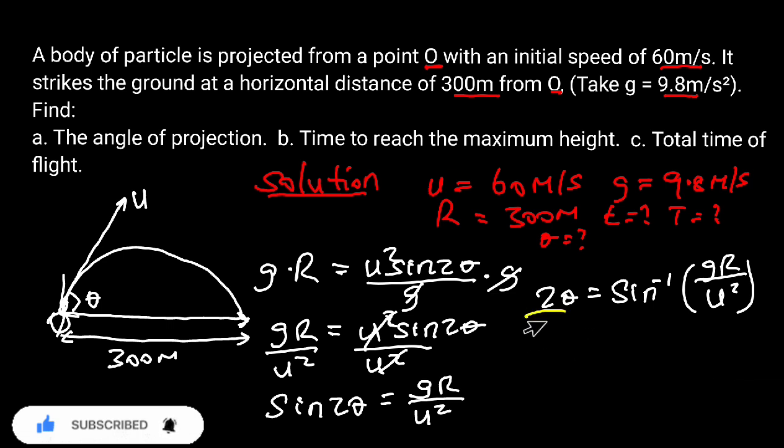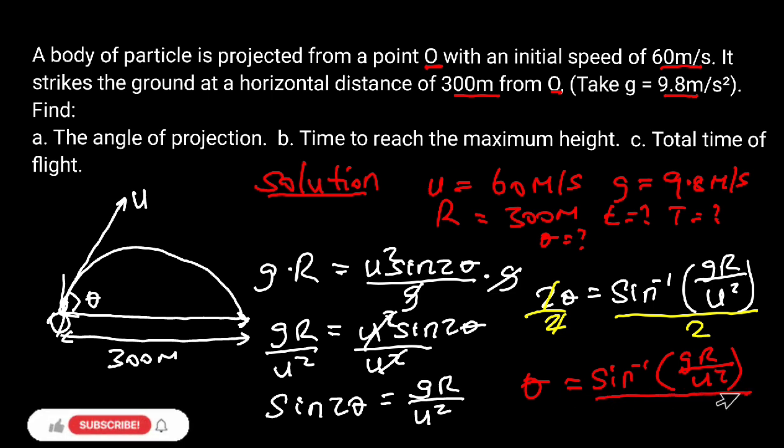Let's divide both sides by 2, so the final equation is theta equals sine inverse of gr divided by u squared, all over 2.